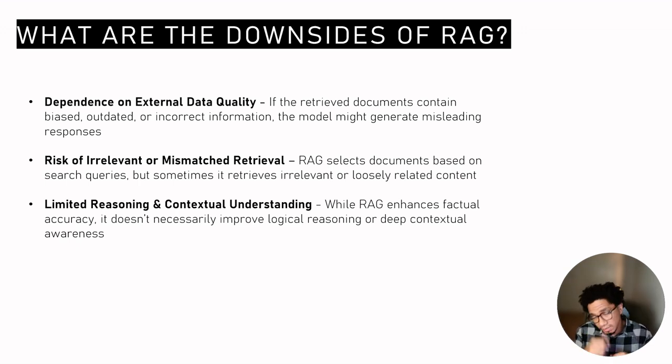The third is limited reasoning and contextual understanding. So think of it this way. You've got a document, let's say a 20-page document. As you read through it, you have a hierarchical view of that document. It's got content, it's got sections, and how they speak with one another.